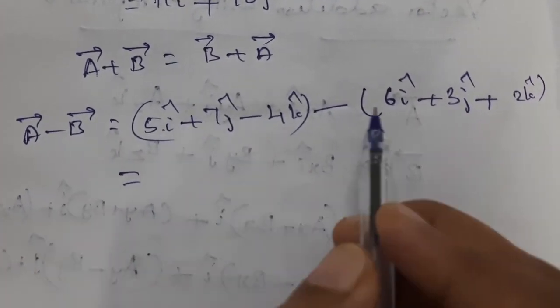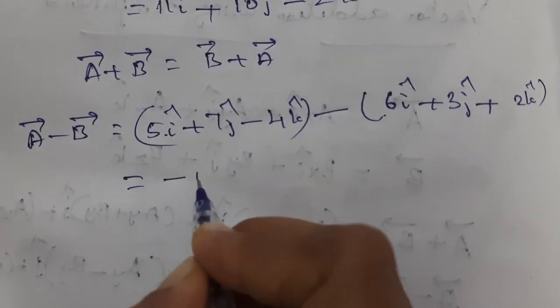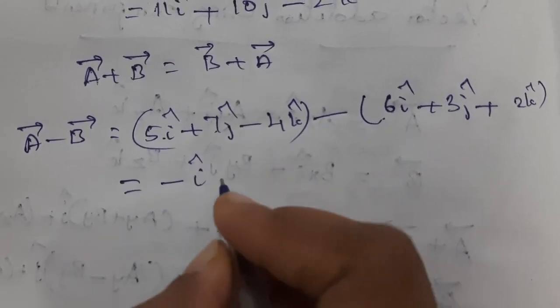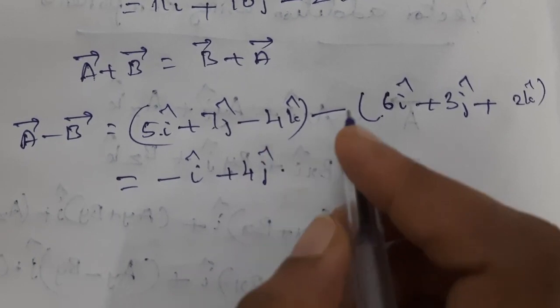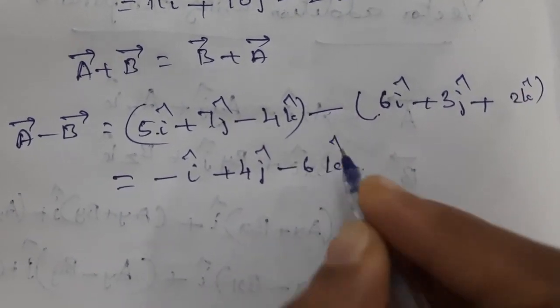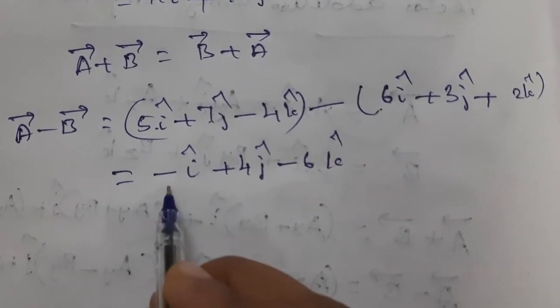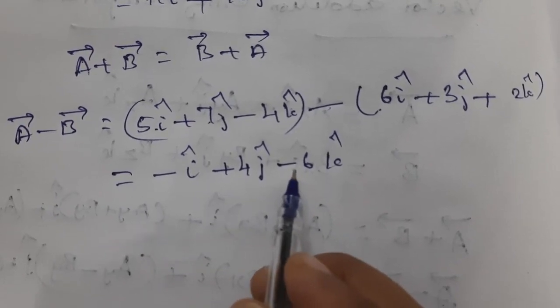So 5 minus 6, what is that? Minus 1. So minus i cap. 7 minus 3, 4, 4j cap. Minus 4 minus 2, minus 6k cap. So A minus B is minus i cap plus 4j cap minus 6k cap.